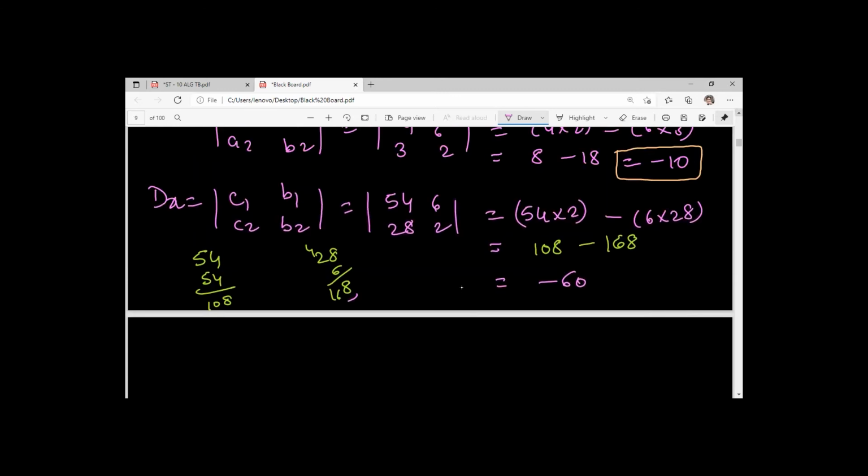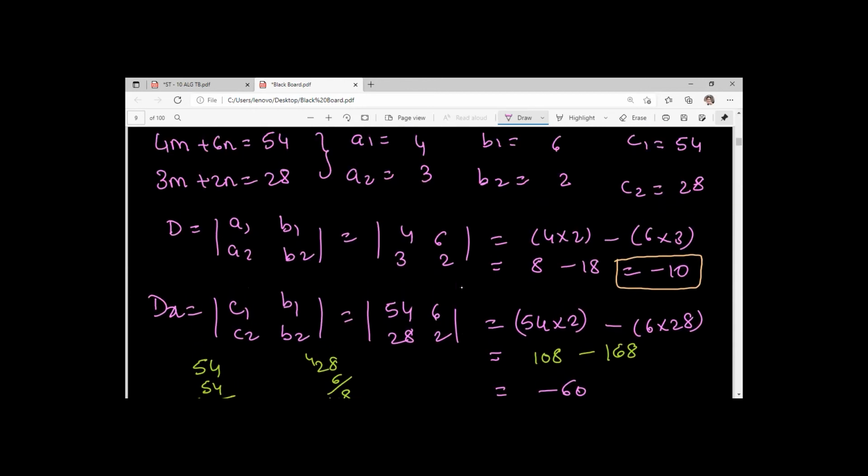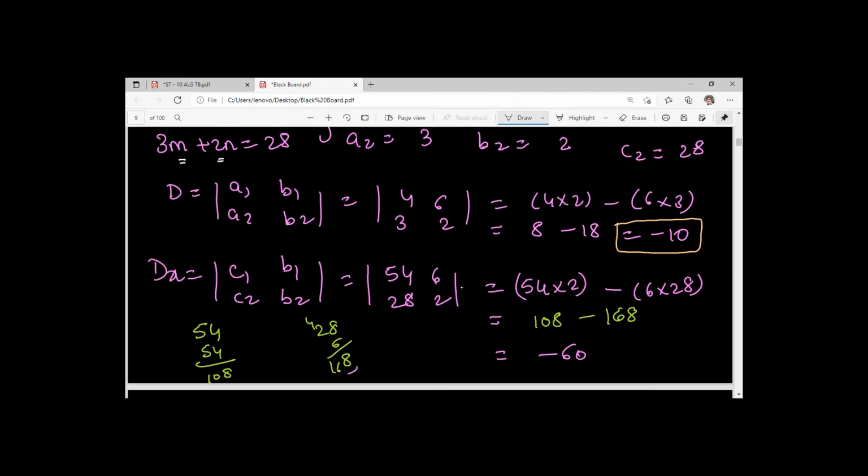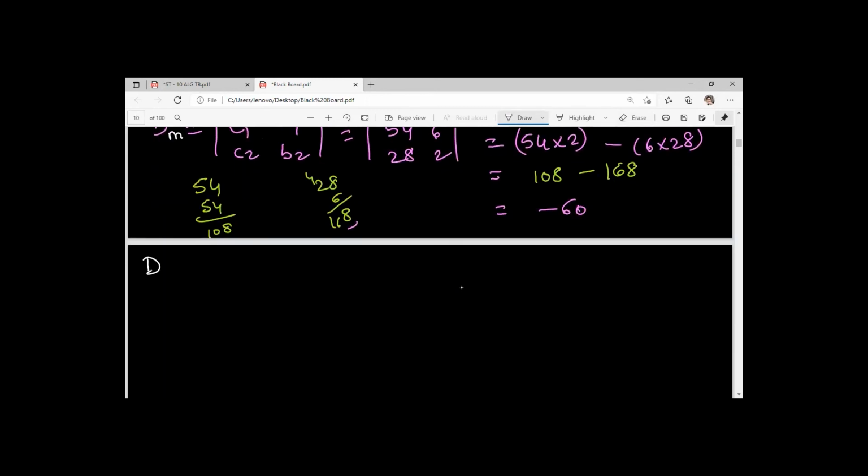Okay guys, mind you students, see again here it is given the coefficients are m and n. So to be on the safer side here we should write dm, not dx. Okay, dm, remember dm. Now next part will be dn. dn is equal to what? dn is equal to nothing but a1 a2 c1 c2 which is equal to 4 3 54 28.